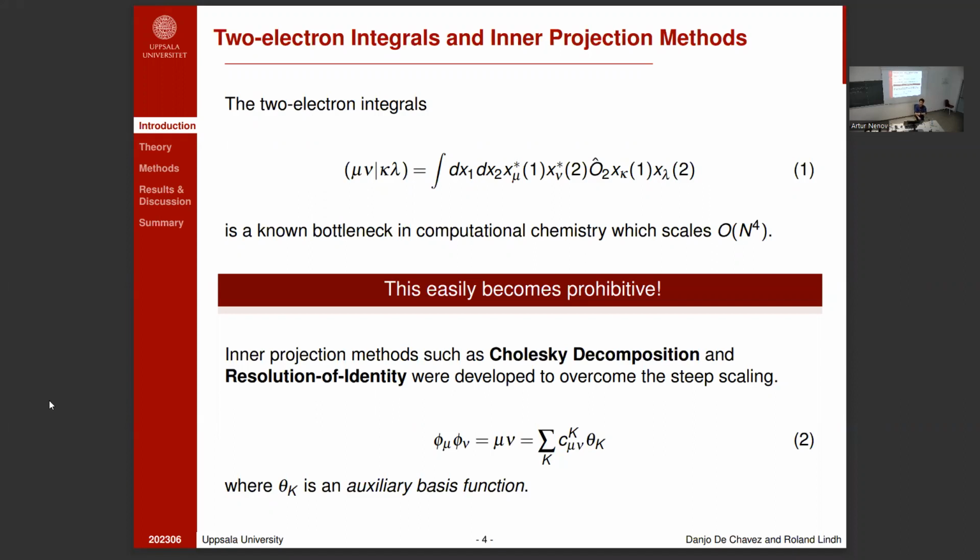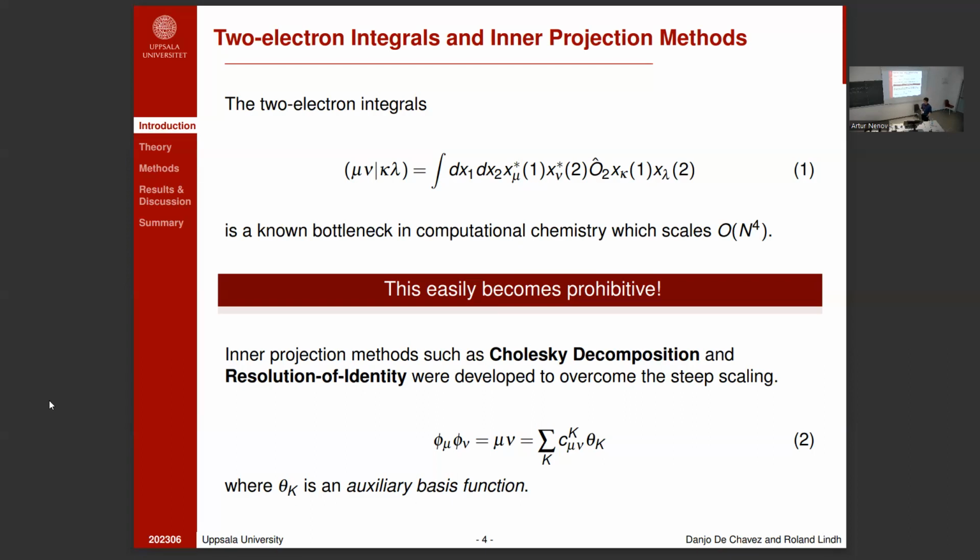And of course, throughout the years, numerical methods became a means to hasten these calculations. Known methods include stochastic decomposition and resolution of identity, which yesterday I heard someone used to hasten their calculations.